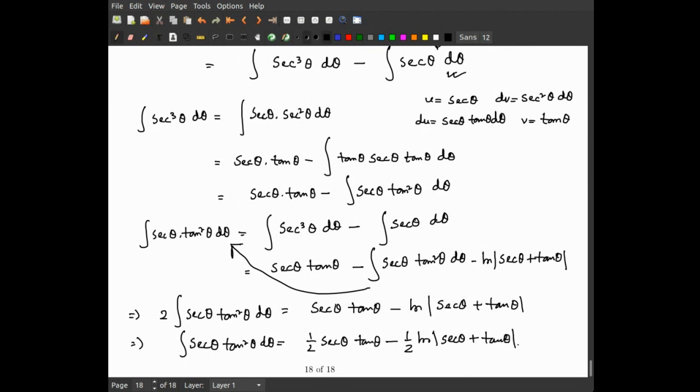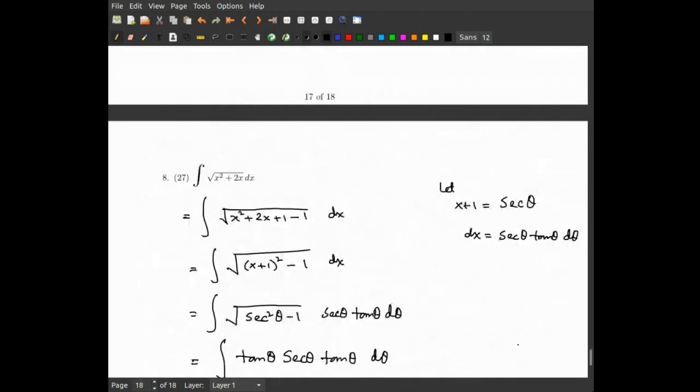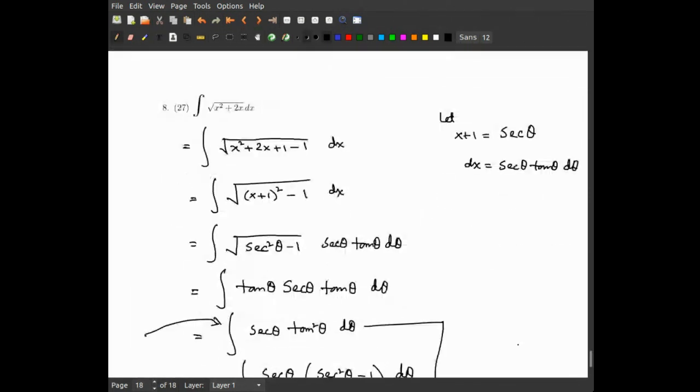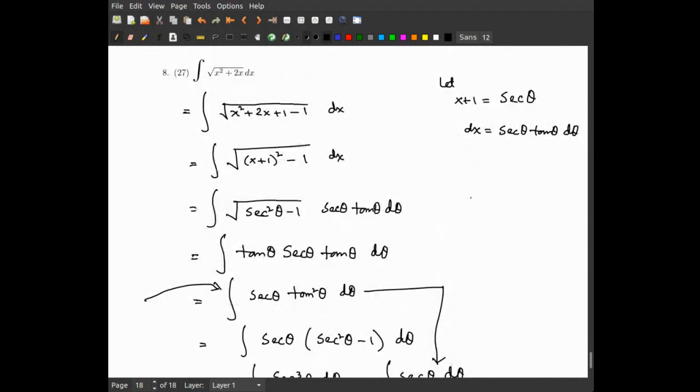Still we are not done. That's the bad news. Why? Because we have to go back to our x. Yes, okay. So secant theta we already know. So we just need what is tan theta actually. If we know the tan theta, then we easily can find it. So secant theta means hypotenuse by adjacent. So that means this is x plus 1, and this is just 1.